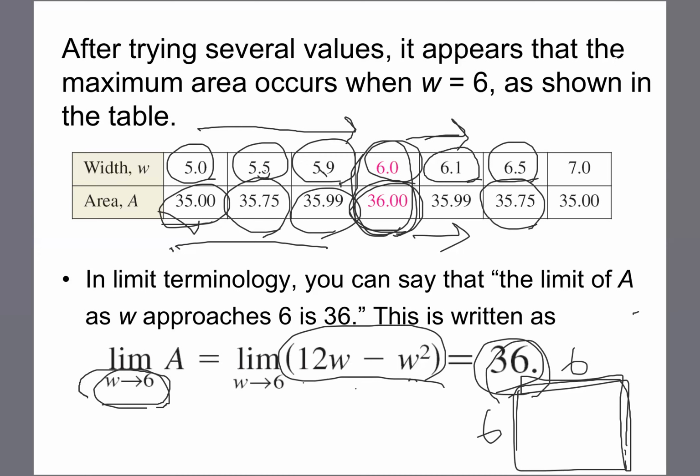And we can also write it in notation: the limit as W moves to 6 of the area function is equal to this value, 36. So that's how we can apply this limit approach.